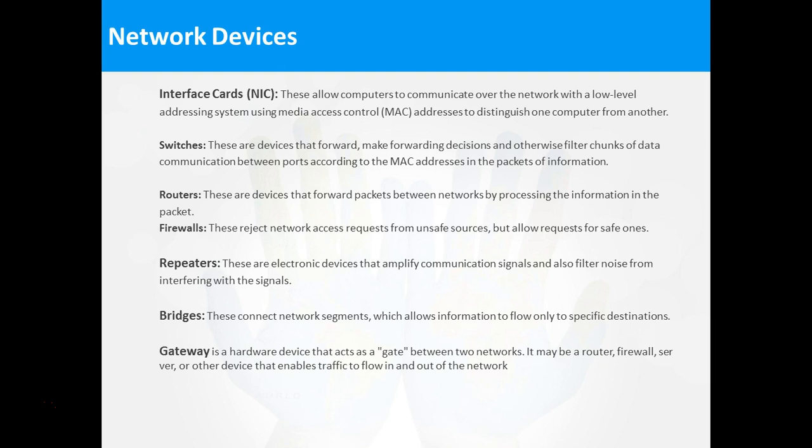These MAC addresses are used to distinguish one computer from another. They are unique to each and every computer. If one computer has one MAC address, the same MAC address cannot be given to another computer. These MAC addresses are also called physical addresses.